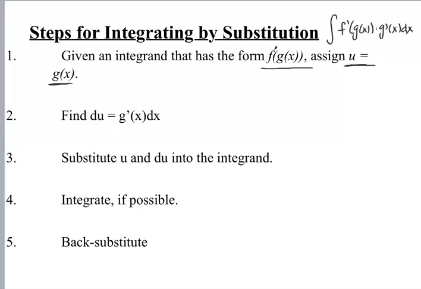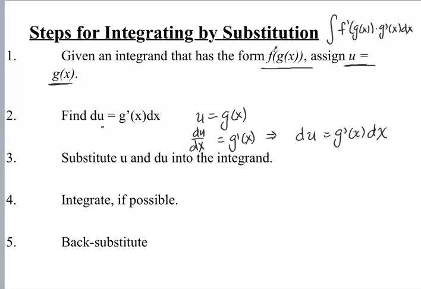So how I would think about that is if u is equal to g of x, then du dx is equal to g prime of x. Then if I multiply both sides by dx, I get that du is equal to g prime of x times dx, which is what we have here.